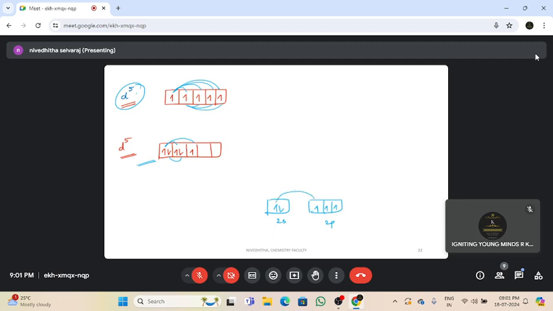These electrons cannot exchange because this energy and this energy are different. 2s energy is lesser than 2p's energy. So exchange is not possible here. Exchange is possible within the degenerate orbitals.